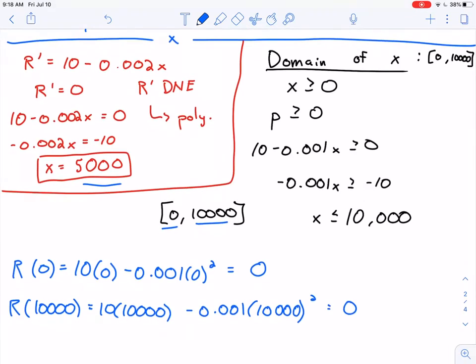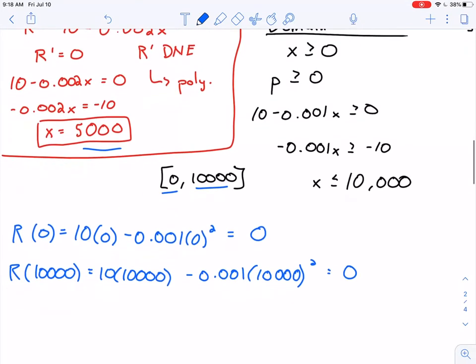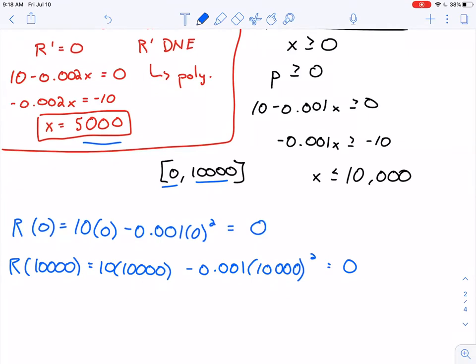But the other point I need to check then, remember, is my critical point that I came up with, 5,000. I'm going to plug that into my revenue function as well. And I guess just hope that I have something that's bigger than 0, because having a revenue of 0 seems like bad news for my business. So I'm going to take 5,000 and plug that in.